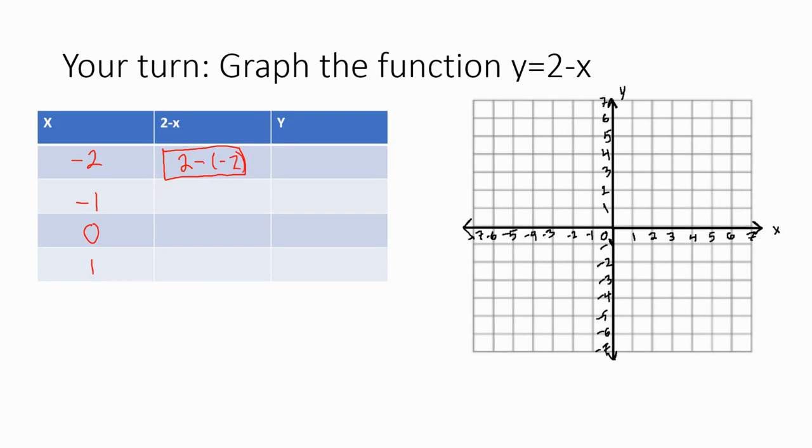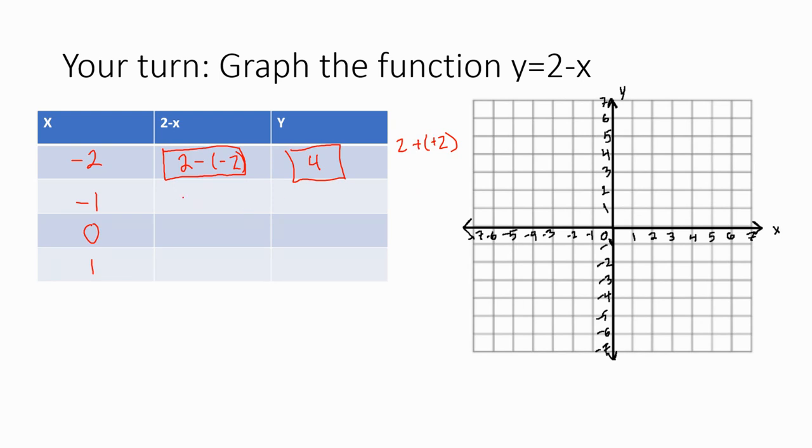Awesome. Now remember, use the rule of 2 sticks here. Minus a negative becomes 2 plus 2. So what do we get as our y value, our output here? You should have gotten 4. Remember, 2 minus -2. What we're going to do is change the sign to addition.